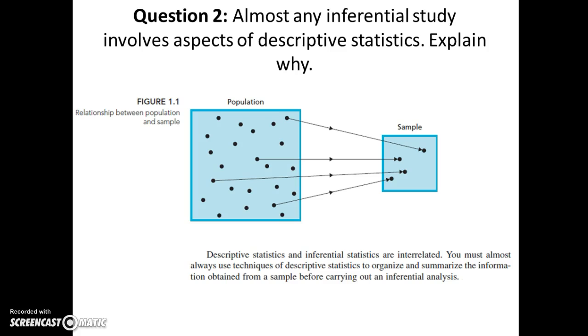You have to describe the information that you got. When we have the data, we display the information as a summary and in an organized way. That is actually the definition of descriptive statistics. So we always have descriptive statistics for inferential statistics.